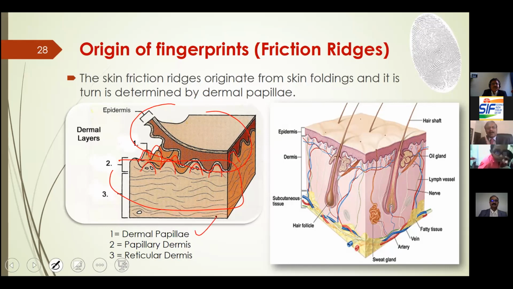They're formed at the fetal stage, and they remain exactly the same throughout our life. When the epidermis gets attached to these pegs, it creates folds, and those folds are really important for gripping surfaces and so on. So those really are the fingerprints. The skin friction ridges that originate from the skin folding are really the fingerprints that we come across.